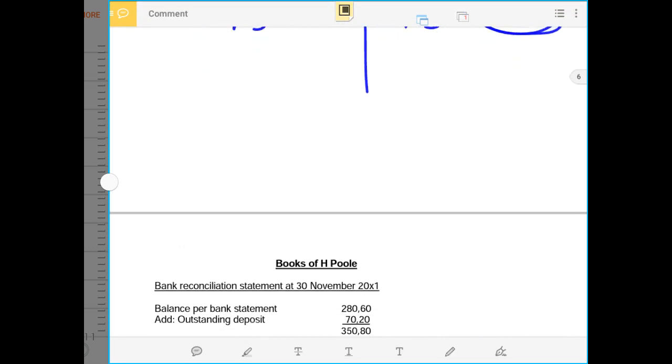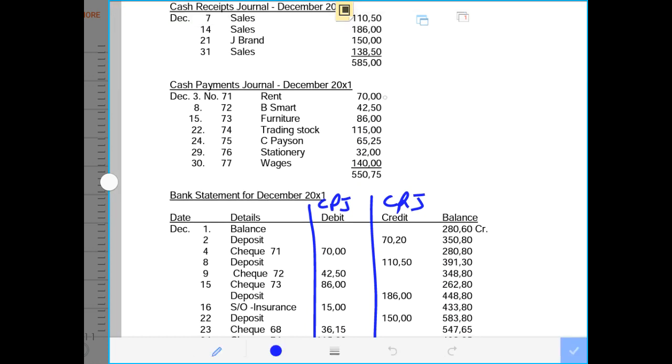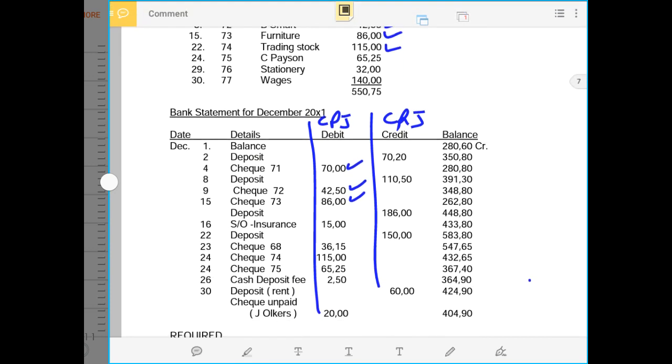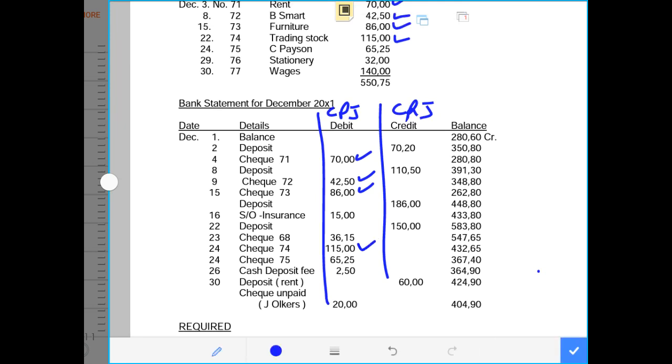So after we have done the comparison, we say 70 appears here, 4250 appears here, 86 appears here, and we have 115, but we don't see one, or there's also 115. Then there is 6225, 32 rand, we don't see 32 rand.